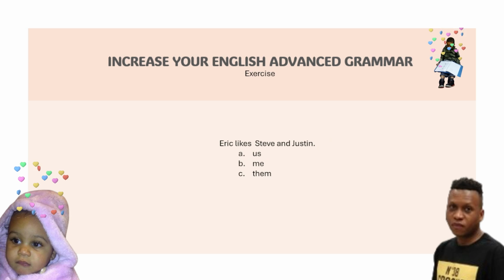Eric likes Steve and Justin. Take a look. You see this one? This one is not Steven, it's Steve. If I put an N at the end, you're going to pronounce it Steven. So Eric likes Steve and Justin.